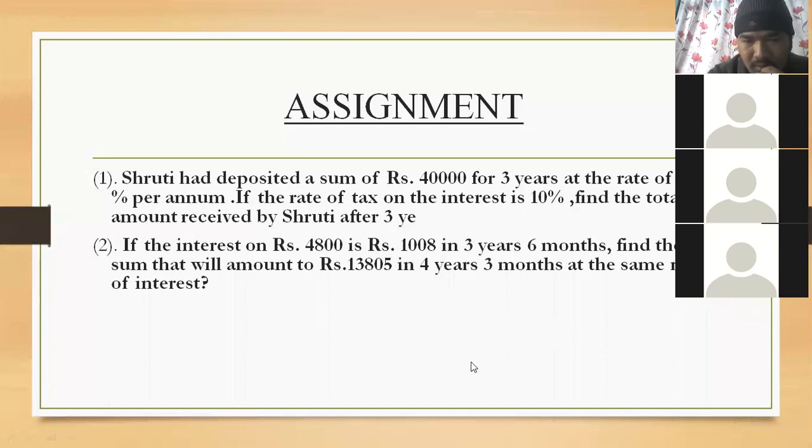10 rupees, 20 rupees, 4,800. What is its answer? Okay, I am checking answers also from here. Is your answer correct or not? I am checking. Please calculate it. Okay, children.